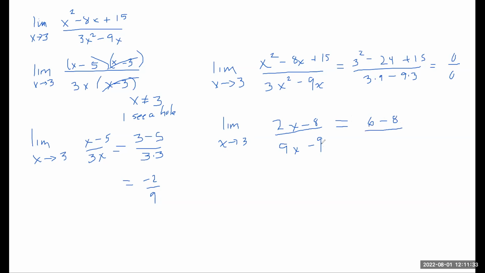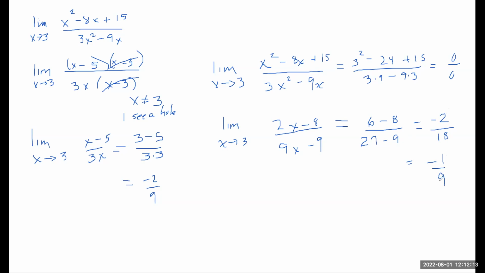Get 9 times 3, which is 27, minus 9. 27 minus 9 is 18. Which is -1/9.